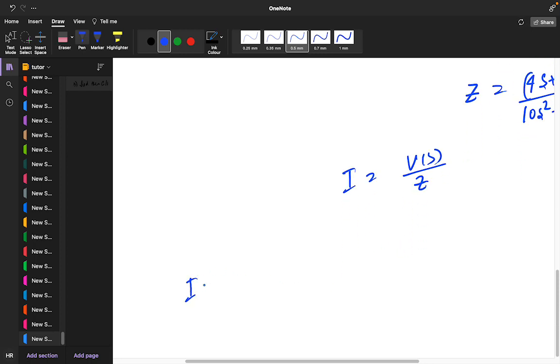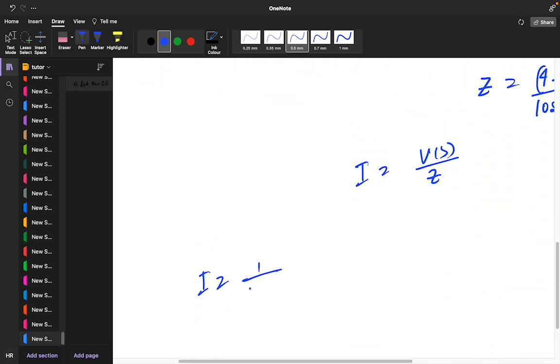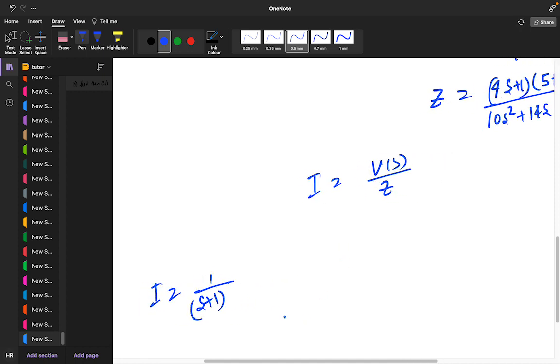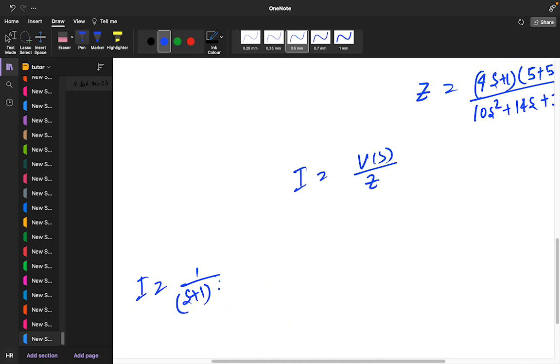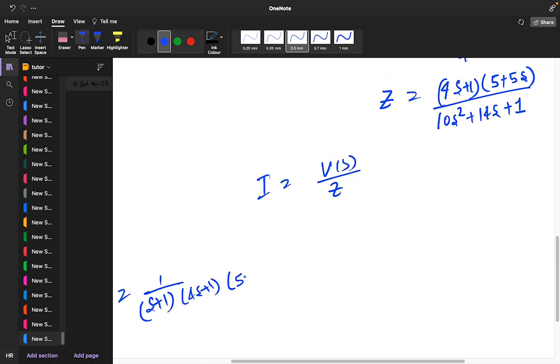Your V of s value was 1 upon s plus 1. And what is your Z value? Z value you are getting like this, 4s plus 1 into 5 plus 5s, and the overall value 10s square plus 14s plus 1.